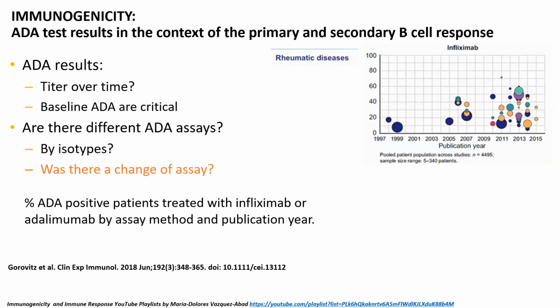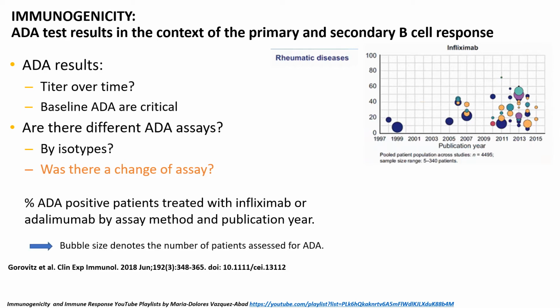You can see there in small text, the pooled patient population across the studies was almost 4,500 patients. So what they did was to pull different papers and publications and ask, what are these publications telling us about the percent of patients that mount antidrug antibodies to infliximab?